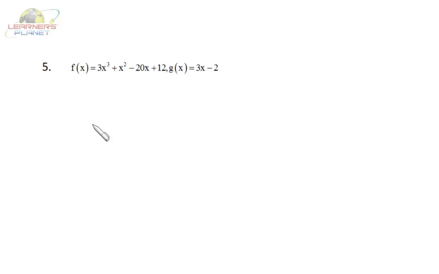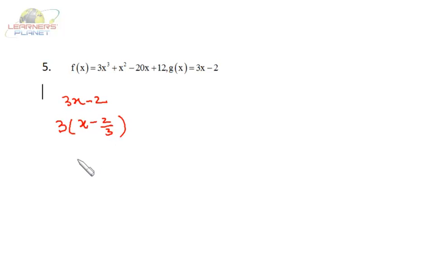Now let's see this question. f(x) is 3x cube plus x square minus 20x plus 12, and g(x) is 3x minus 2. Now we have to find out whether g(x) is a factor of f(x) or not. So first of all we have to calculate the value of a. So let's compare 3x minus 2 to x minus a.